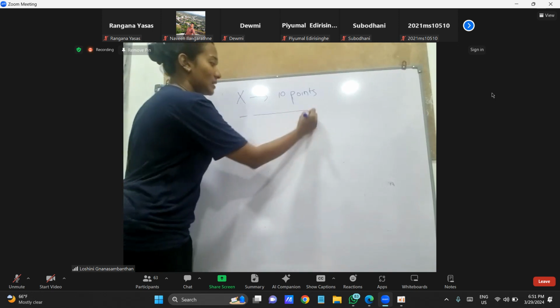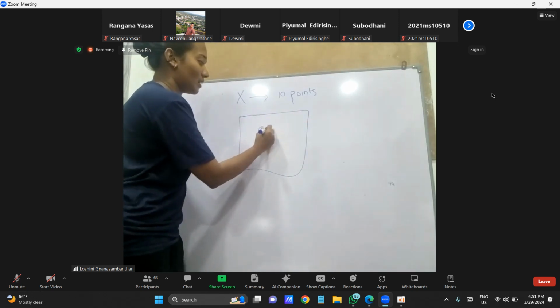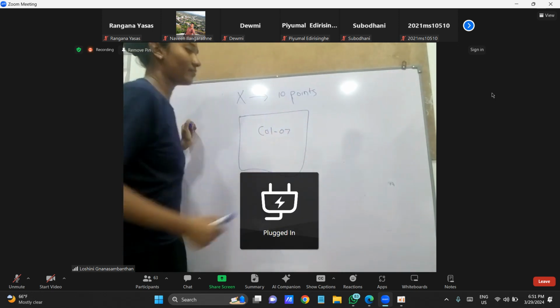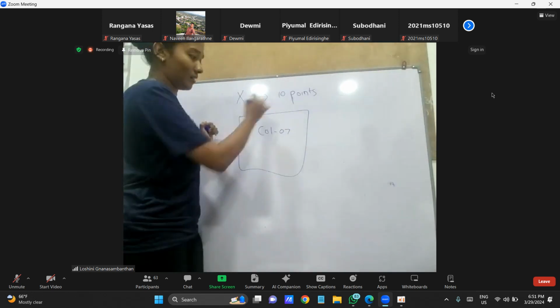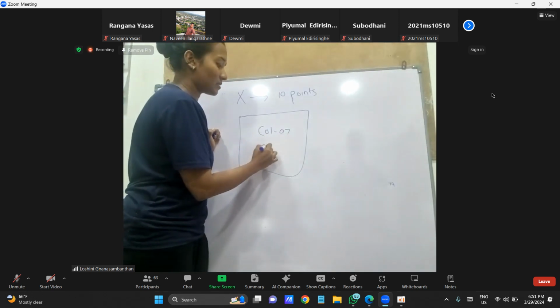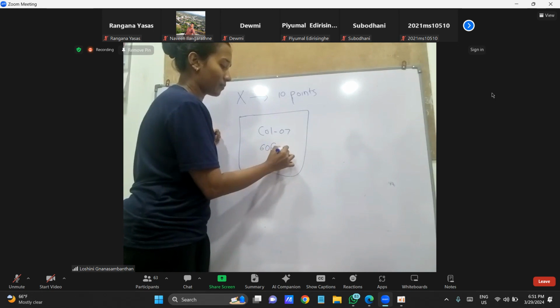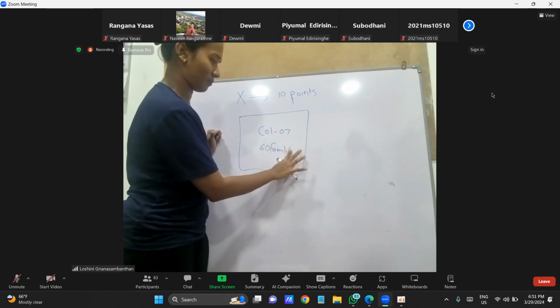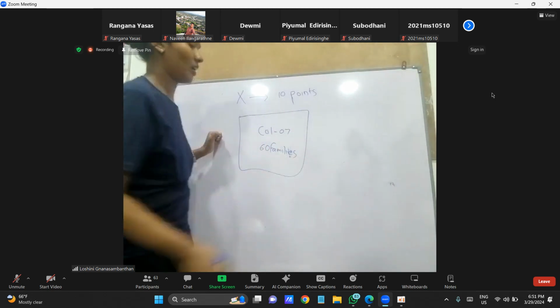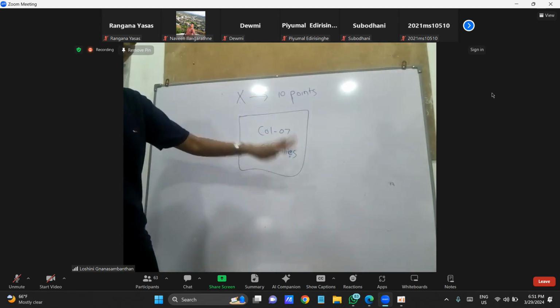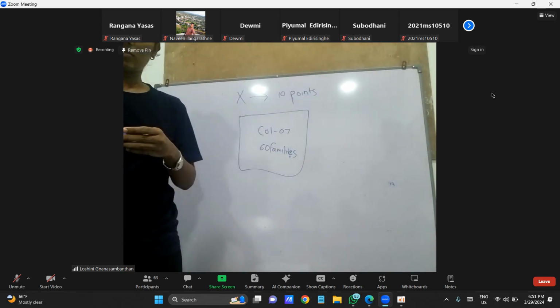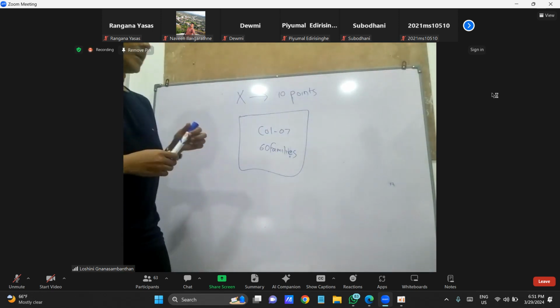Let's say this is that community, let's say this is Kalapasam. In this community there are 60 families. So this is the population, and you have the data also, right?